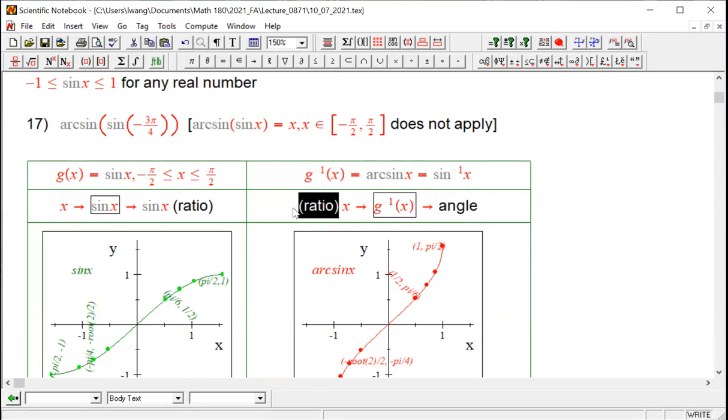It cannot be 3/2. It cannot be -5/3. It has to be a ratio between -1 and +1. That's what the domain and range say. And the range has to be between -pi/2 to pi/2. You can only measure from the angle counterclockwise up to pi/2, clockwise to -pi/2. You cannot go further. You cannot get to the no flight zone.